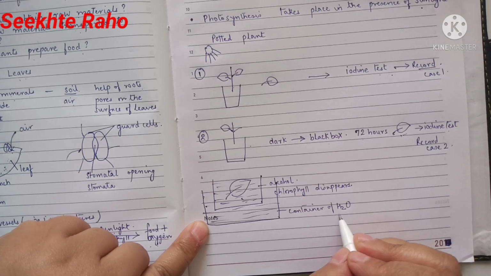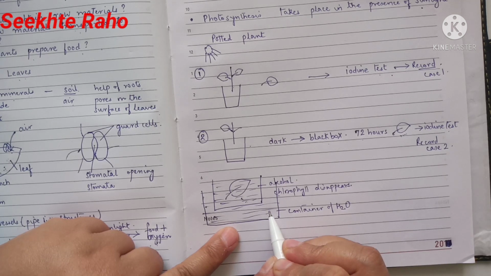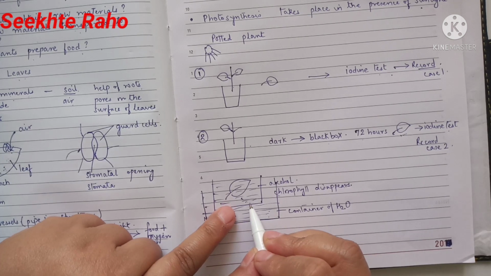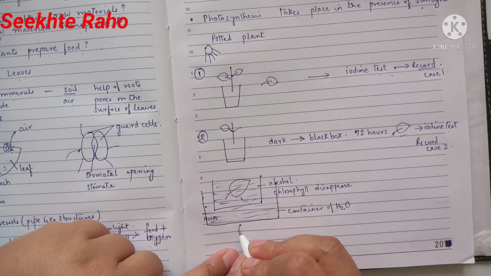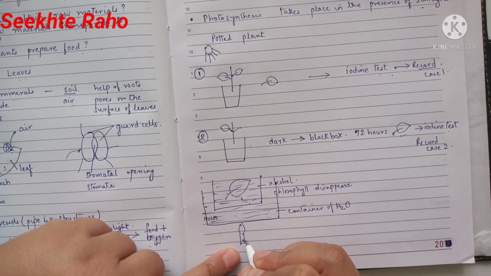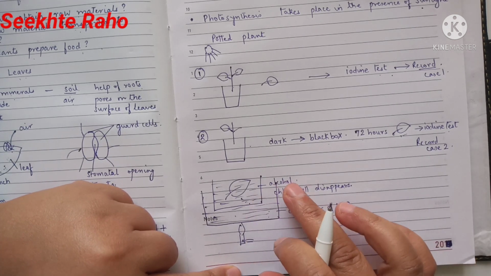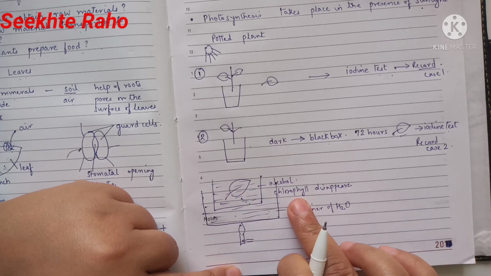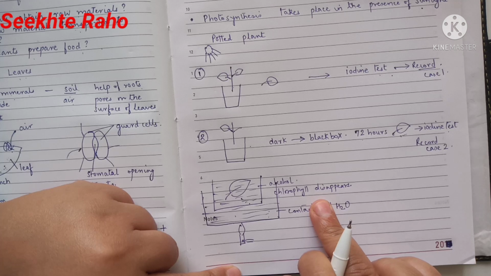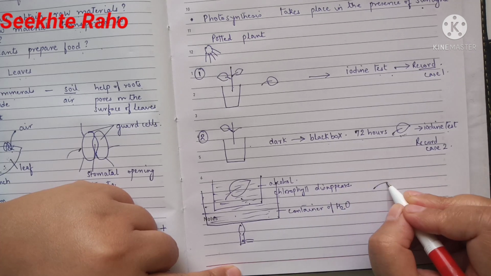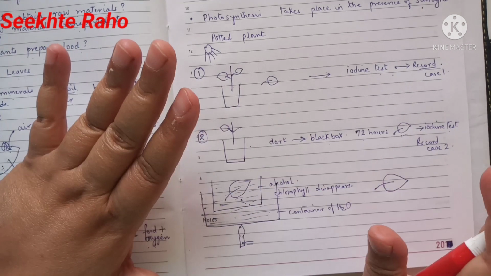Now we take a container in which we have kept water. In that container, we will put another container which has alcohol and the leaf, and then heat it. Right? We will keep boiling this till the chlorophyll disappears. This is the removal of chlorophyll. Now we will take this colorless leaf. Now it has no color, right?